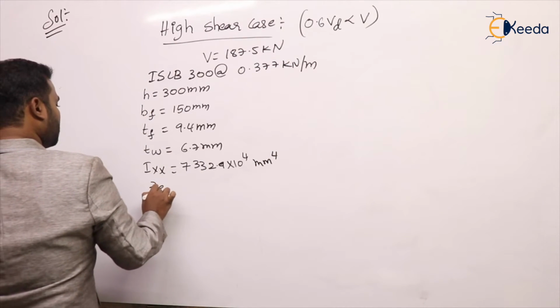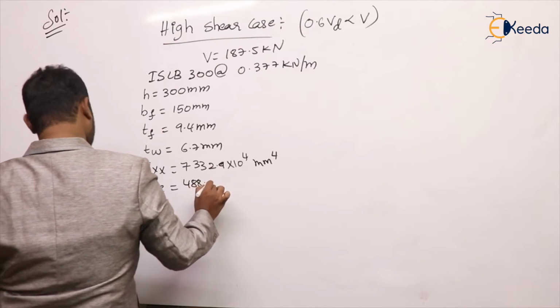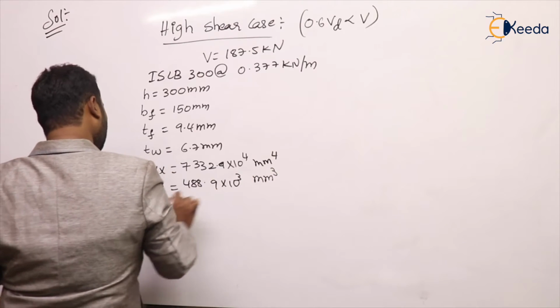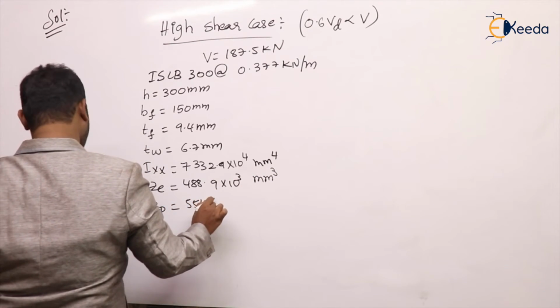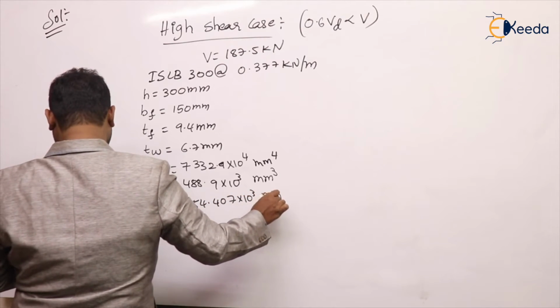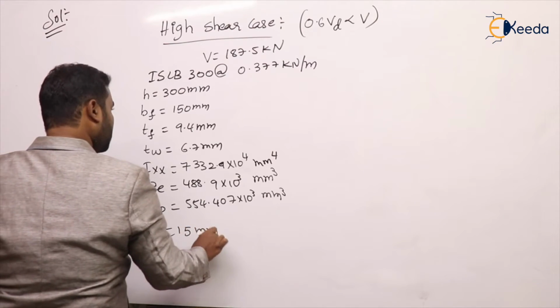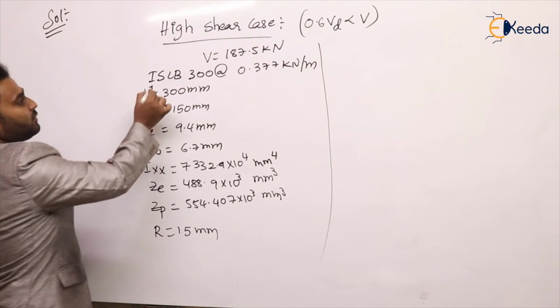And elastic section modulus ZE is equal to 488.9 into 10 cube mm cube. And plastic section modulus ZP is equal to 554.407 into 10 cube. And the root radius R is equal to 15 mm. Is that okay? So these were the properties of the section we have considered.